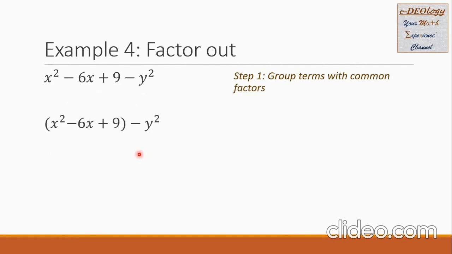It is possible that I can group the first three terms. So x squared minus 6x plus 9 is now taken as one group, and then the negative y squared will be alone. And then this trinomial, I can factor it into the square of the difference of two terms.